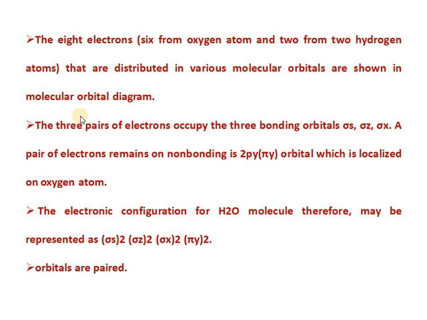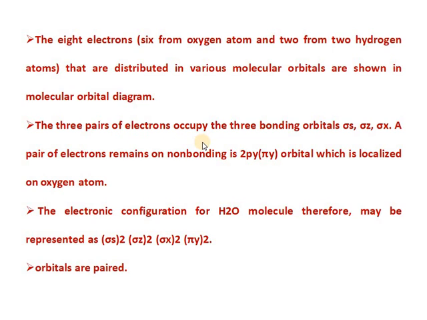The 8 electrons, 6 from the oxygen atom and 2 from the hydrogen atoms, are distributed in the various molecular orbitals, as in the molecular orbital diagram.